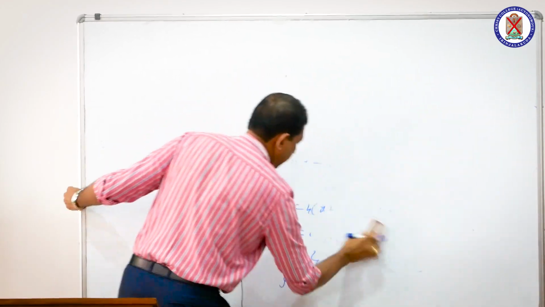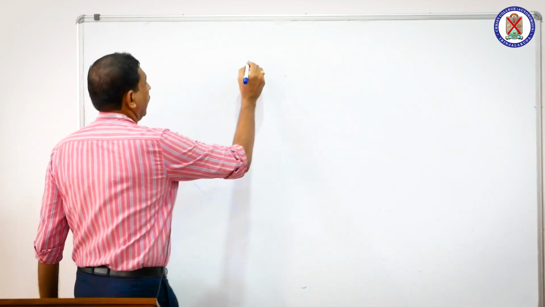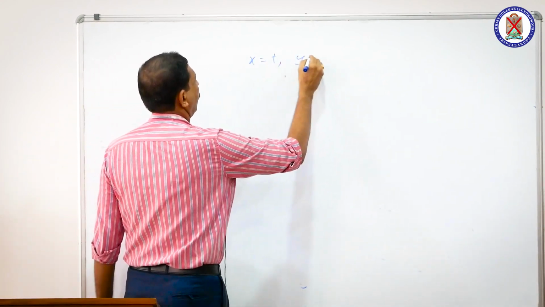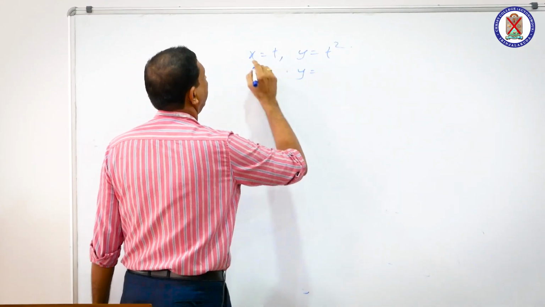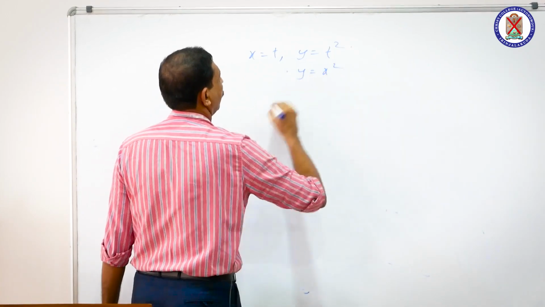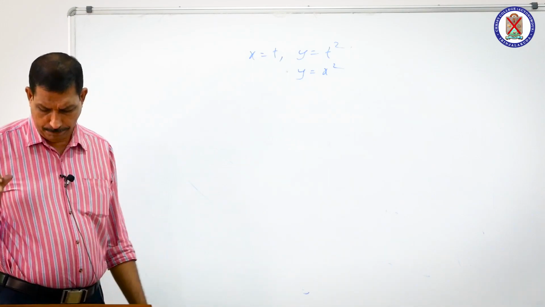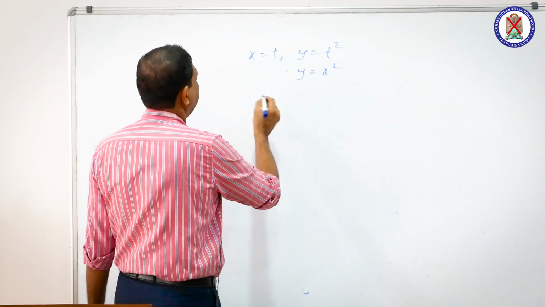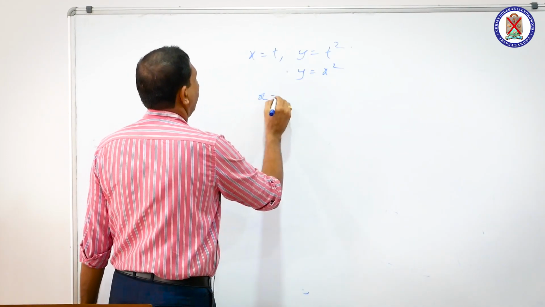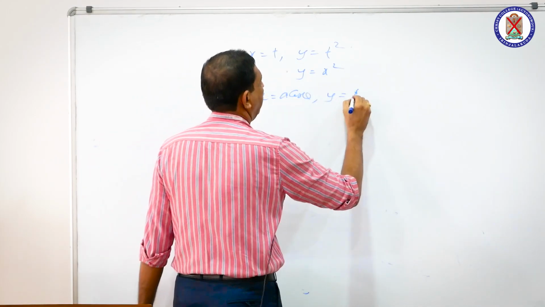Another example we already saw: x equal to t, y equal to t square, then y is equal to x square. This is the conversion from parametric to Cartesian system. Another example we already found, x equal to a cos theta, y equal to b sin theta.